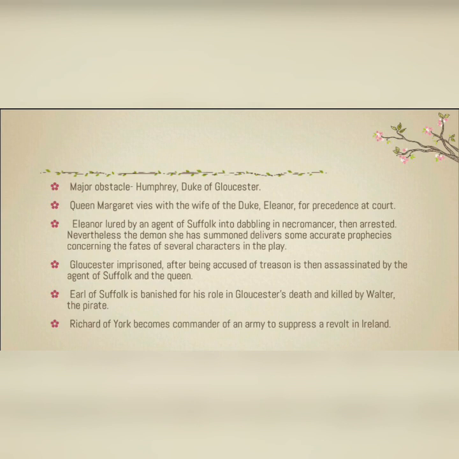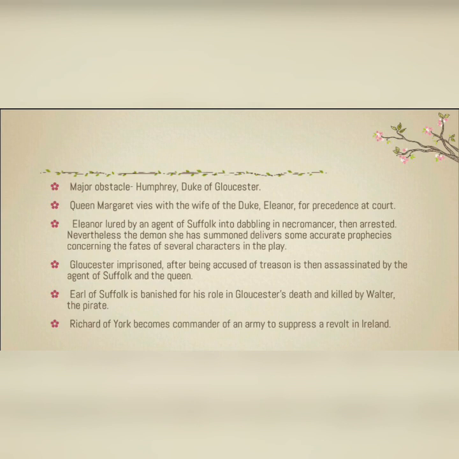Gloucester is then accused of treason and is imprisoned, and afterward assassinated by agents of Suffolk and the Queen. Meanwhile, Richard, Duke of York, who has a tenuous claim to the throne, schemes to make himself the king. The Earl of Suffolk is banished for his role in Gloucester's death and is killed by Walter the Pirate, leaving Margaret without her mentor.